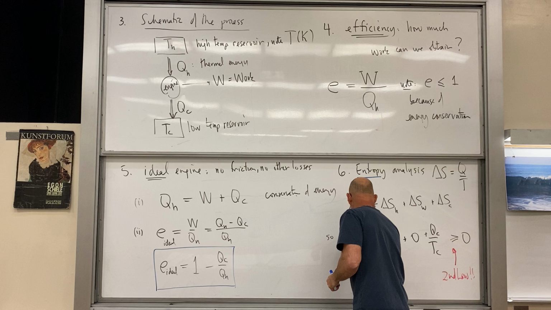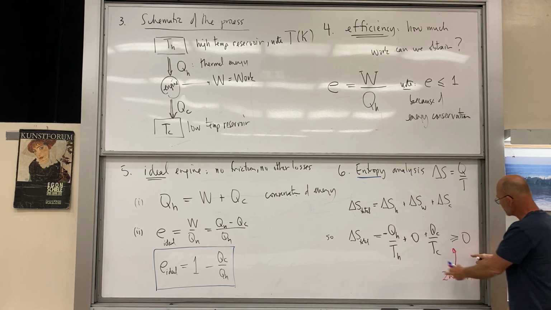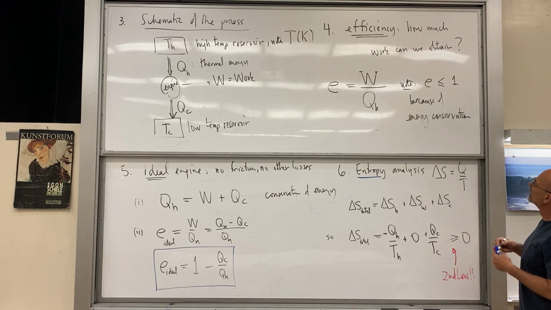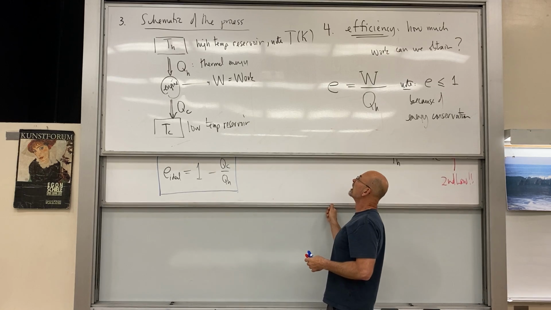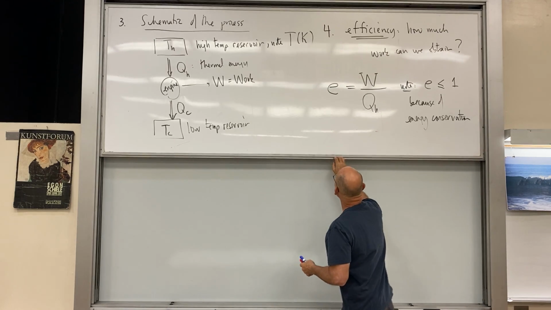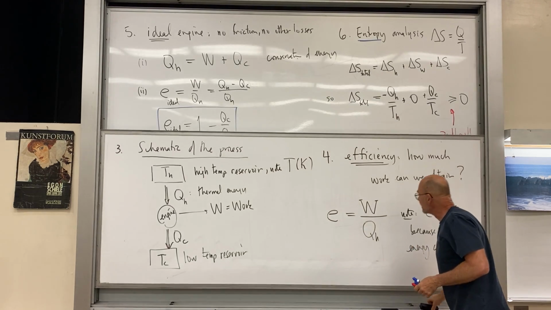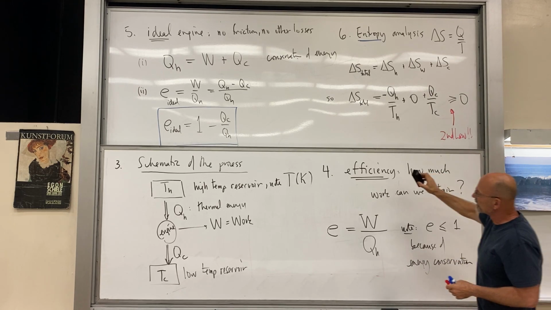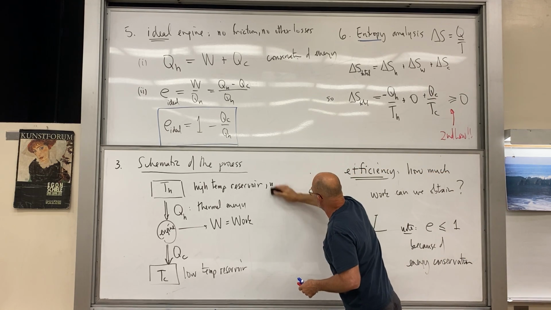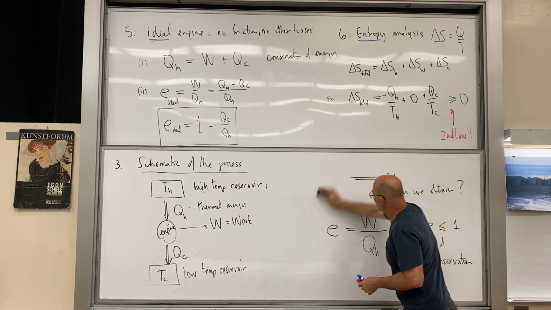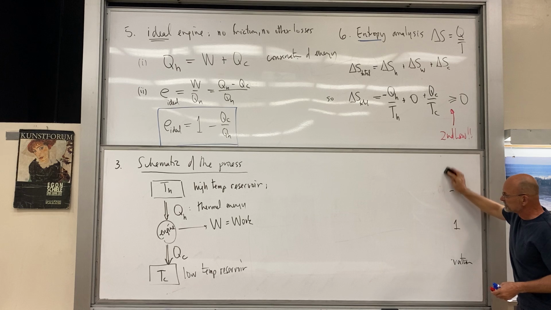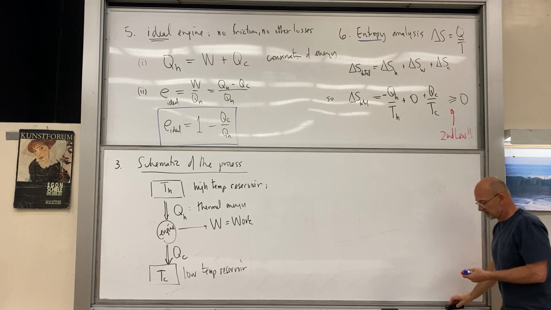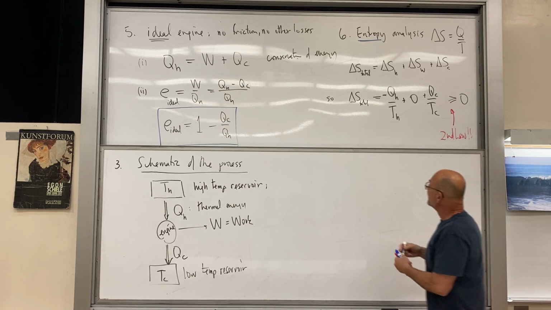So delta S total is equal to this expression here, greater than or equal to 0. I'm going to leave my picture up and erase this definition now that we've used it. So 6, we'll do 7 right here. So now my 7th point.